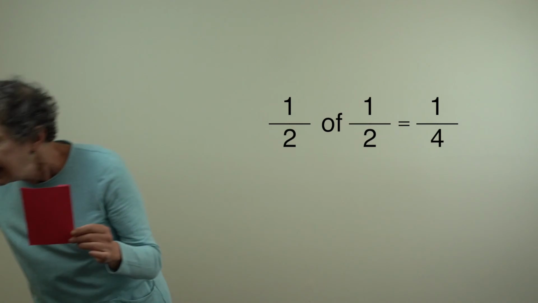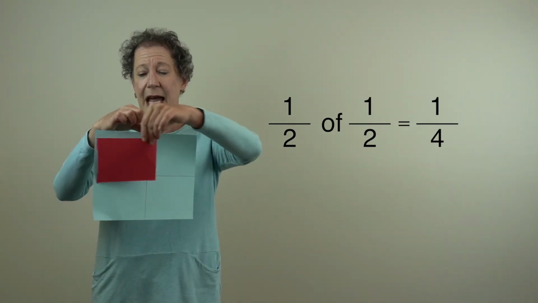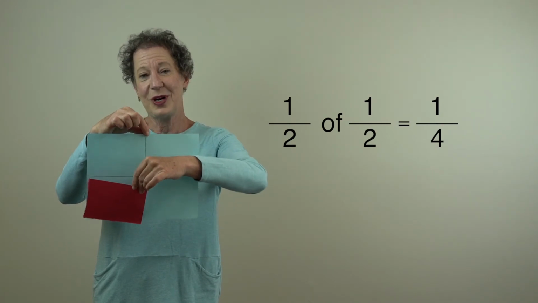Now we have to find out what is 1/2 of 1/2. One half of 1/2 is 1/4. And I know that because 4 of them exactly cover the 1.